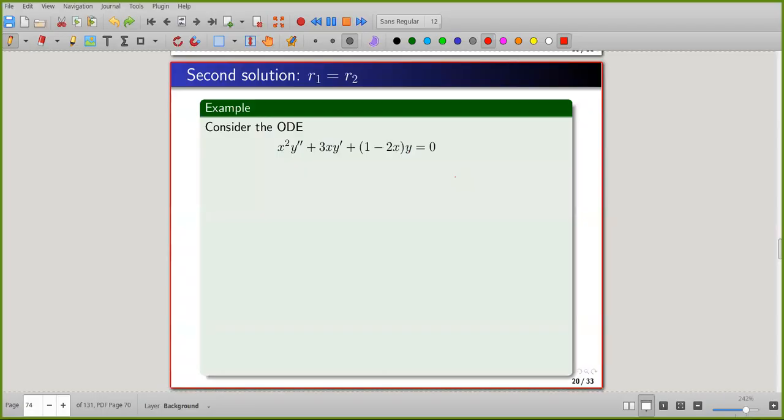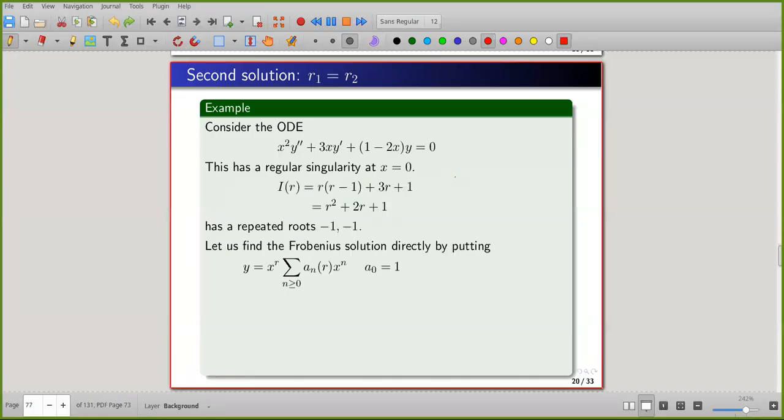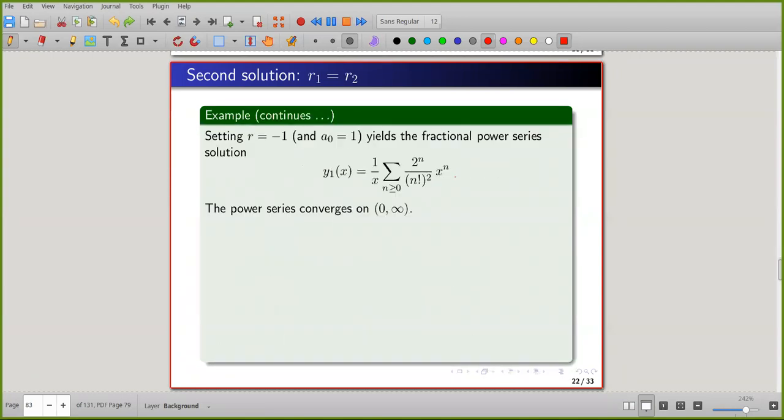I'm going to skip this example because in the exams, I'm not going to ask any questions based on the case r1 equal to r2, or this more complicated case where r1 minus r2 is a positive integer. So you can take a look at this example out of curiosity.